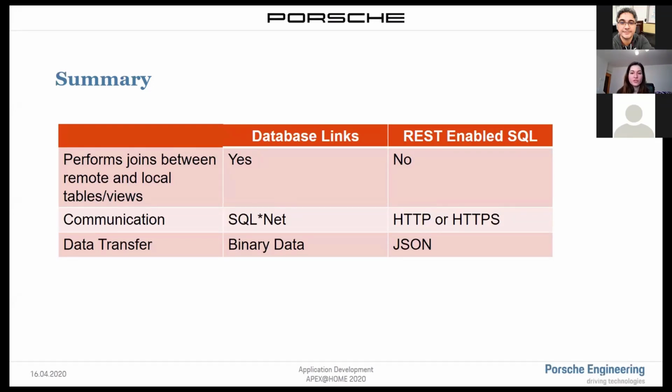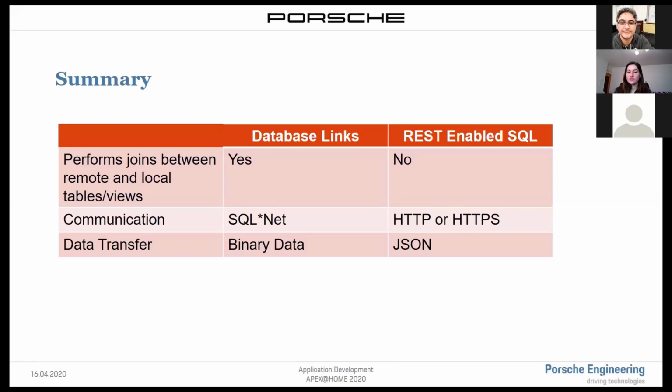The main way of communication is through SQLnet, which is dealing with binary data. On the other side, REST-enabled SQL is not able to perform joins on a remote table plus a local table. But as a plus, REST-enabled SQL works with HTTP and HTTPS protocols, and all the data processed from the local to the remote instance is done through JSON requests, with a JSON response sent back.